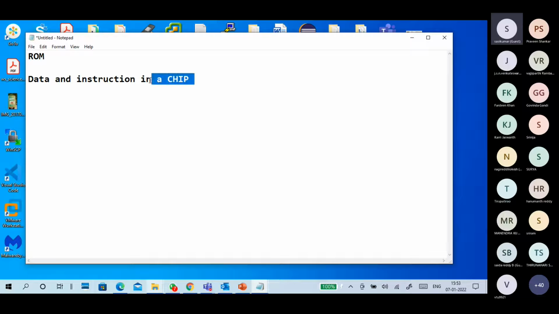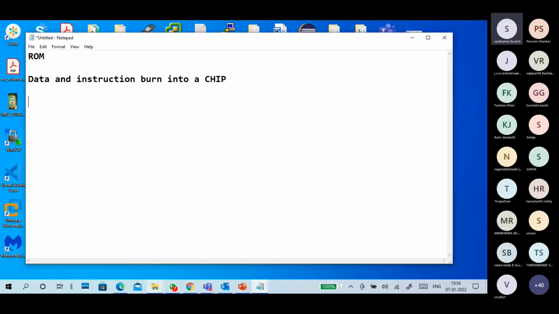Simply a chip, burned into a chip. Actually, that is called burned into a chip. So that is a very simple way of saying what a ROM is. A lot of people generally call it permanent memory, non-volatile memory. It is nothing but a simple chip.